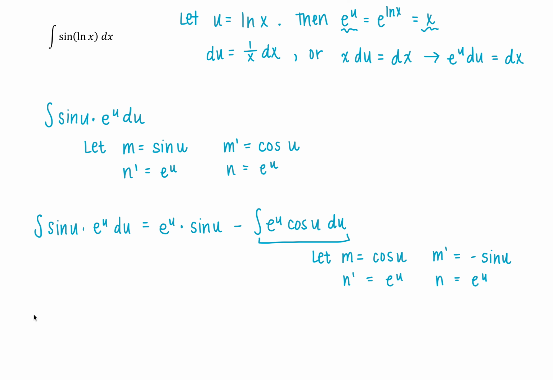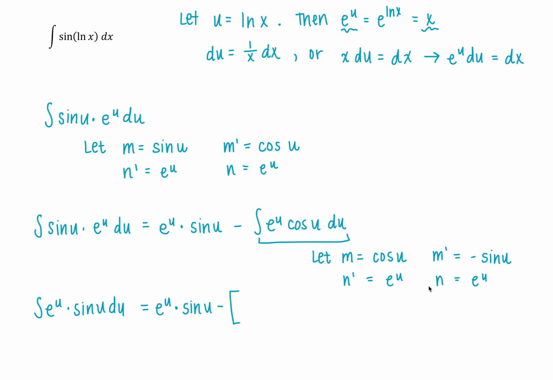So let's rewrite all of this out. So integrating, for this first one, I'm going to put the e to the u in front of the sine u. Since we're multiplying, we can do that. So I have e to the u times sine u inside that first one. Now, I've got e to the u sine u minus, okay, so we're going to do integration by parts here on the second integral.